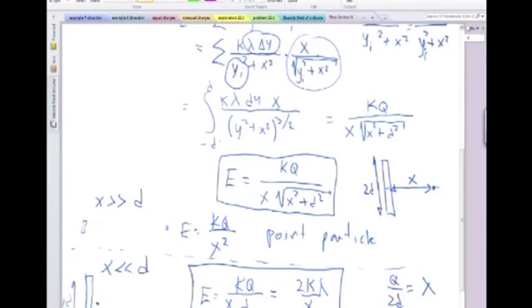If you're close to a point charge and you decrease the distance by half, the electric field goes up by a factor of 4 because of the d squared in the denominator, right? In the case of a long line of charge, when you decrease the distance by half, your electric field only goes up by a factor of 2, not 4, right? That's what this expression is telling you. The dependence on x squared is gone. It only depends on x.